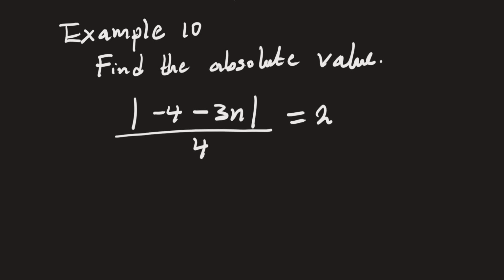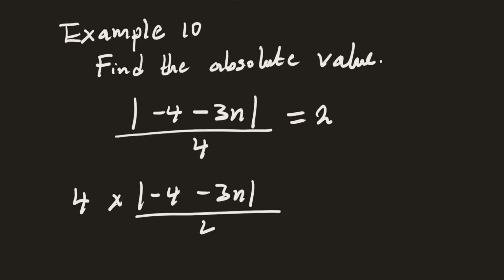Now, to solve this problem, first we are going to multiply both sides by 4. So this will become 4 times the absolute value of negative 4 minus 3n over 4 equals 2 times 4.